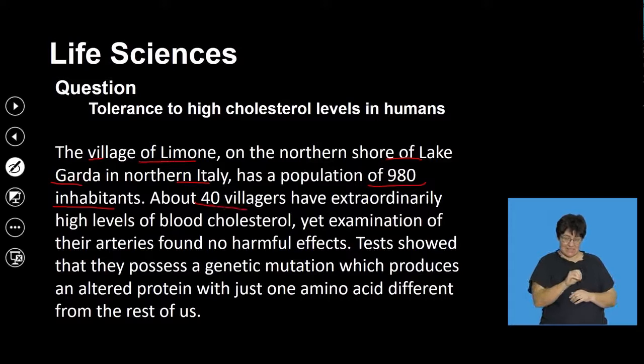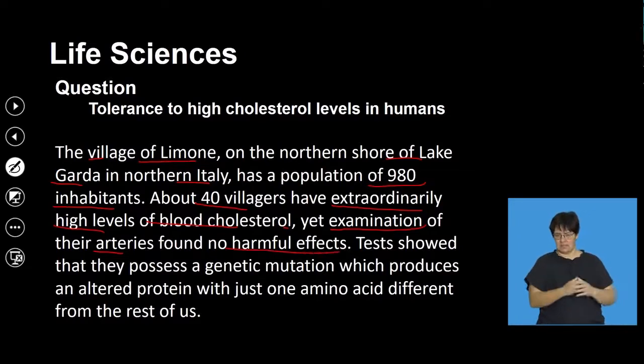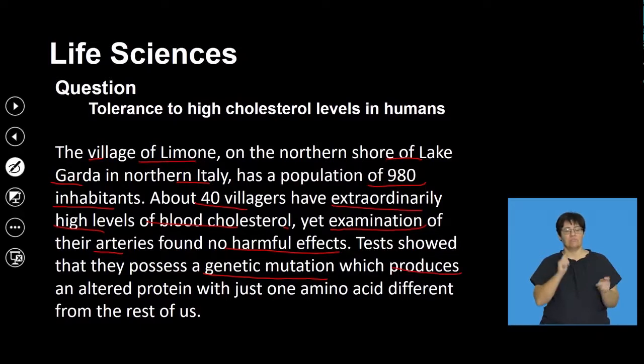About 40 villagers have an extraordinarily high level of blood cholesterol, yet upon examination their arteries have found no harmful effects. Genetic tests show that they possess a genetic mutation in which they produce an altered protein with just one amino acid that's different to the rest.